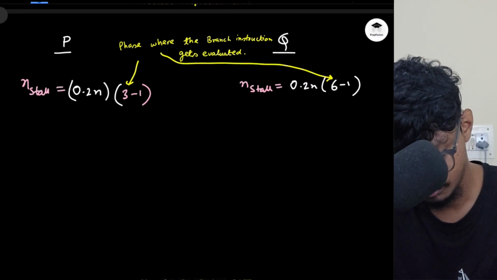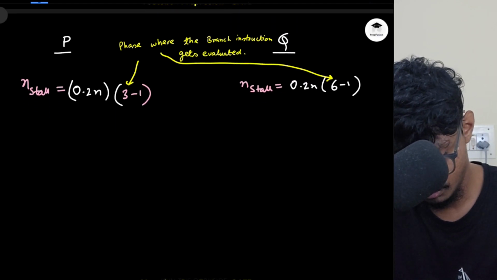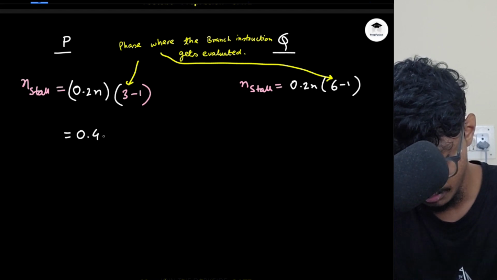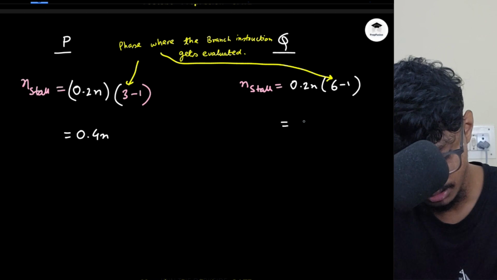So this will be how many stalls? This will be 0.4n stalls, and this will be basically n stalls.